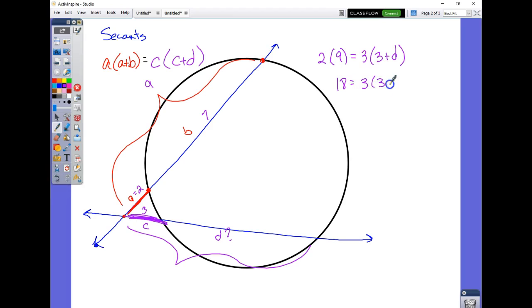This is for my people not quite so keen on the algebra. Divide by 3, 6 is equal to 3 plus D. Therefore, D must equal 3 when I subtract 3 from both sides. And that is the type of question that they will ask you when you're talking about intersecting secants.